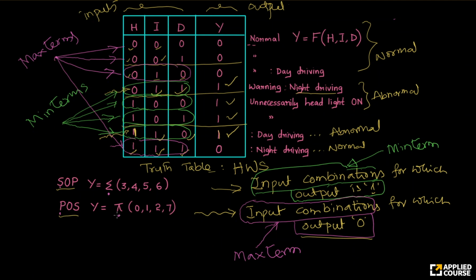We consider the decimal values of the input combinations where output is 1. 0, 1, 1 is a binary pattern for which the decimal value is 3. 1, 0, 0 is the binary pattern for which the decimal value is 4. 1, 0, 1 is converted into decimal, it becomes 5.